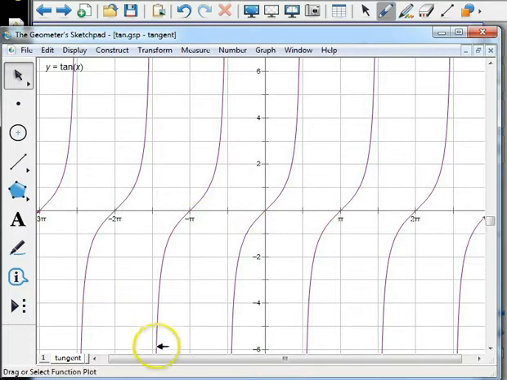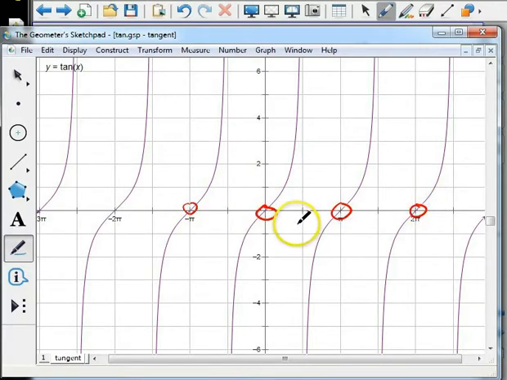So if you'll notice, tangent is always increasing as we go from left to right. Also, wherever tangent is equal to 0, the reciprocal of 0 is undefined, or in other words, a vertical asymptote. So the first thing we want to do with cotangent is put down our vertical asymptotes.